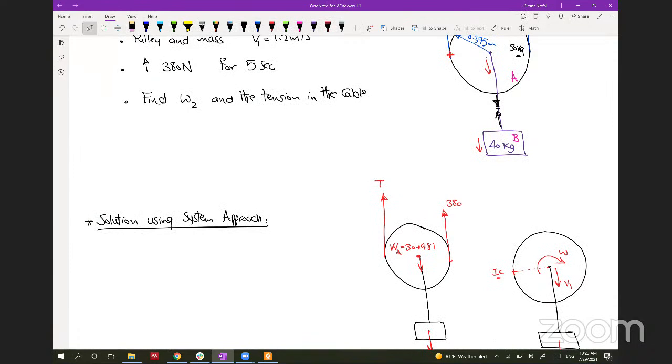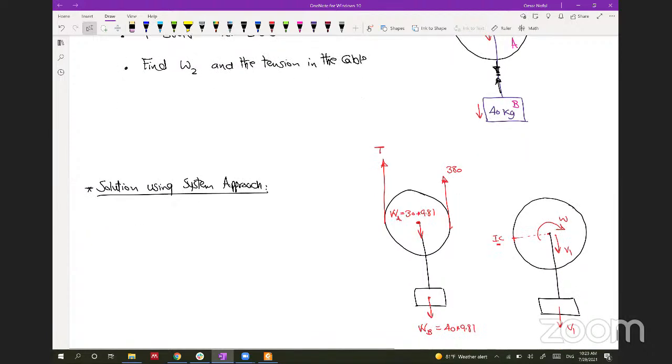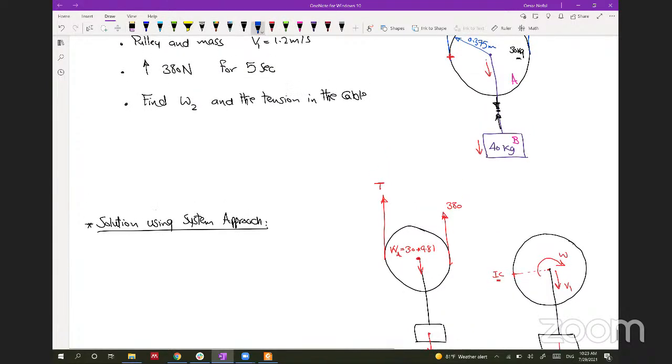So the impulse momentum equation, and I think we will only need the impulse momentum equation. We know that we have three equations, one in X and one in Y, and one is the moment. And we know that this body is not moving in the X direction. This will leave us with two equations, the moment and the Y direction. So let's do the moment first.